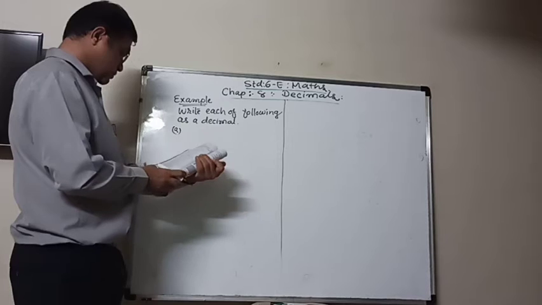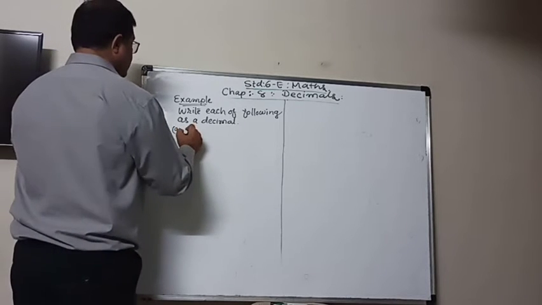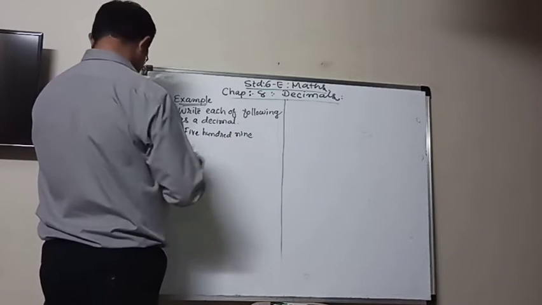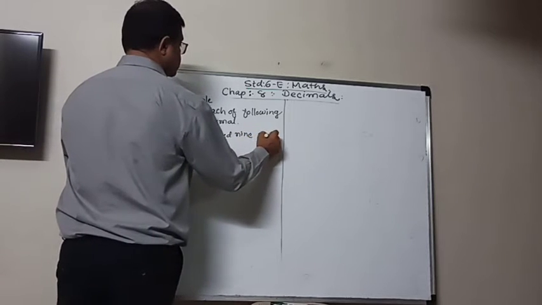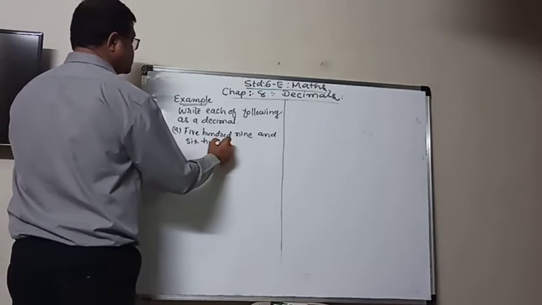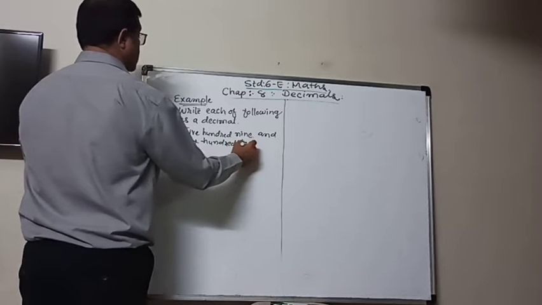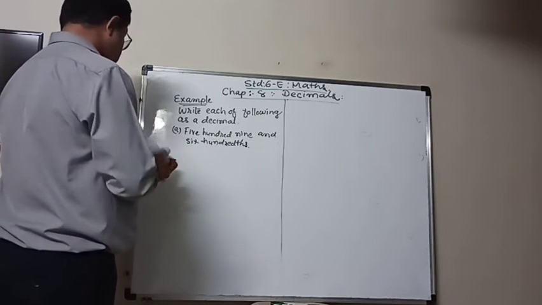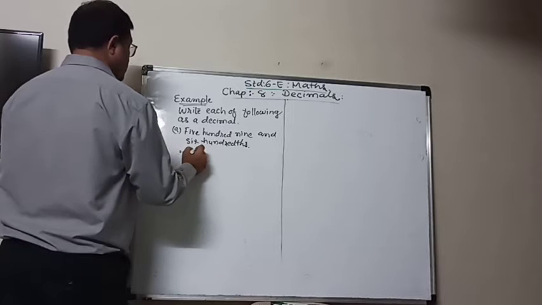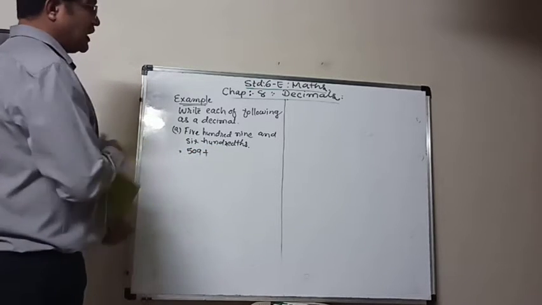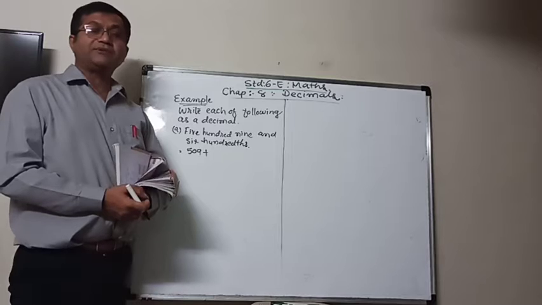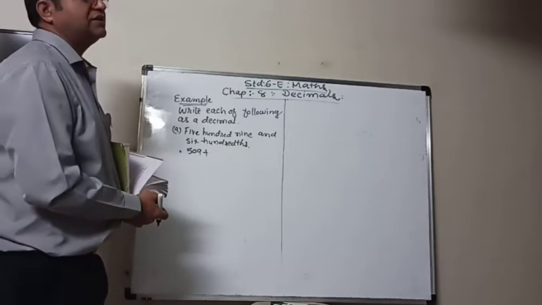First one, 509 and 6/100. So now here you can see that the number is given in words. 509 means 509 plus, now we know that after the whole part, after the decimal point, after the unit digit, we come across the tenths place.